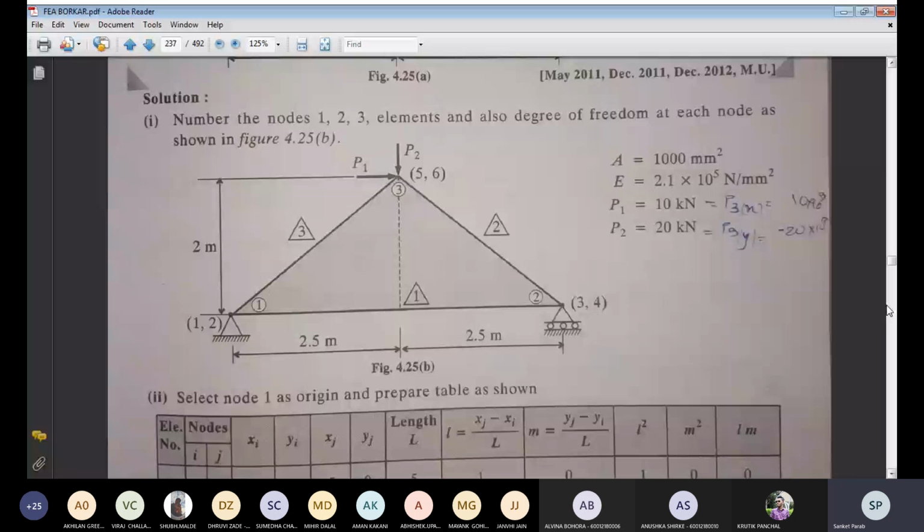Have you understood how to approach the truss problem? Is anybody still having any doubt? I'll explain it again. But if you have not understood, don't just sit idle. Have all of you understood how to approach and solve these problems?